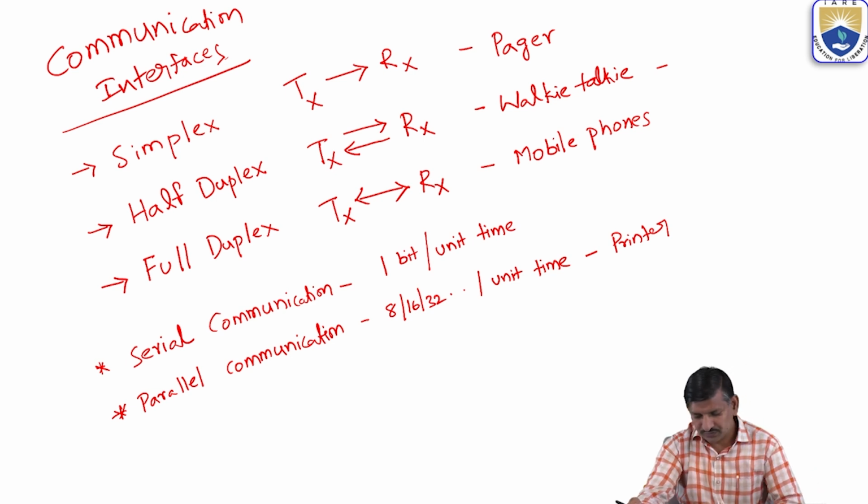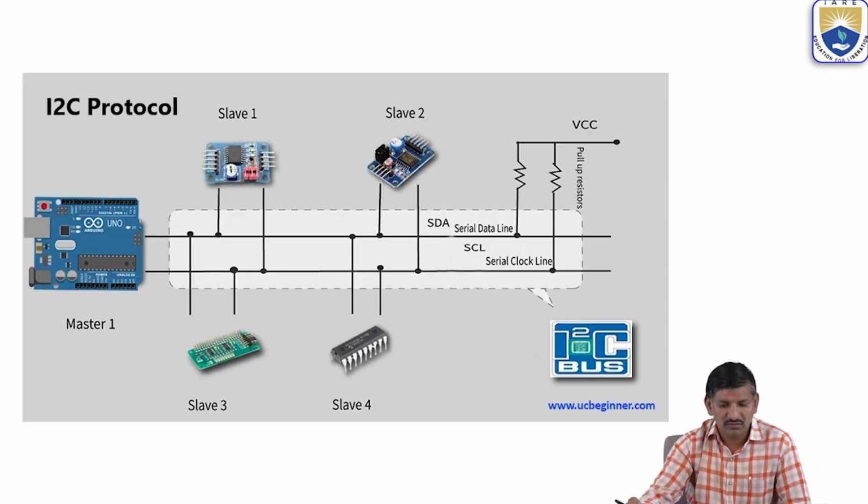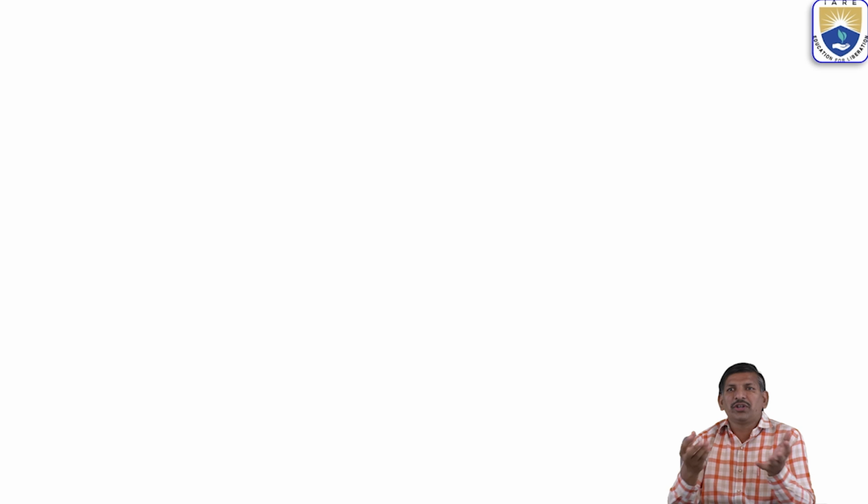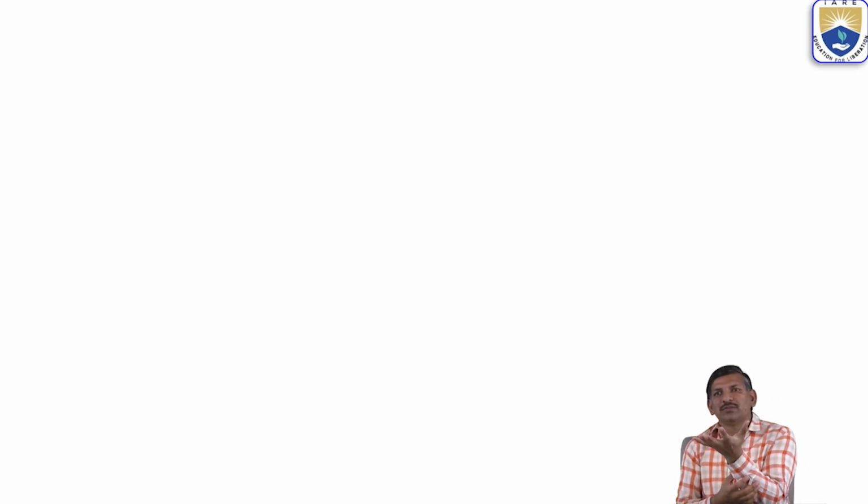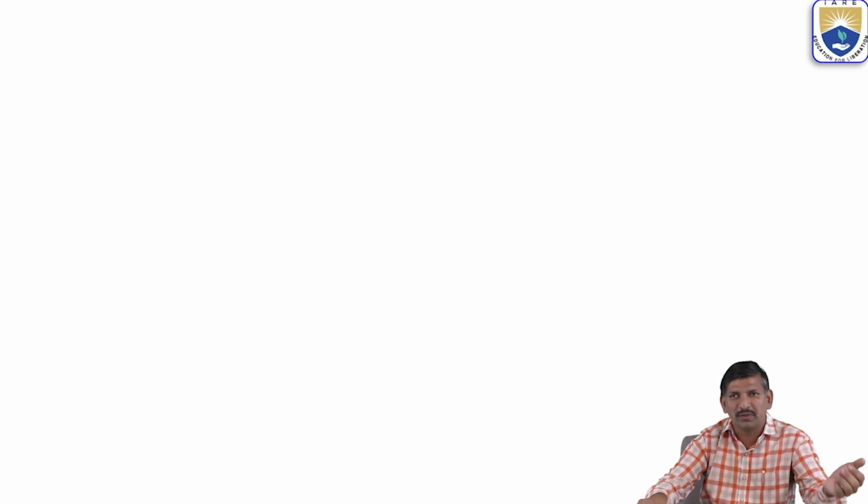Again, coming to the peripherals point of view, one more parameter is where we are providing the communication. If you are providing the communication within the printed circuit board, that is called on-board communication.